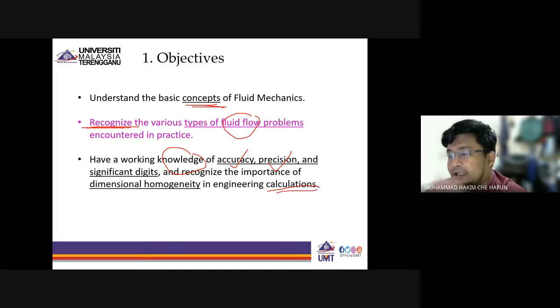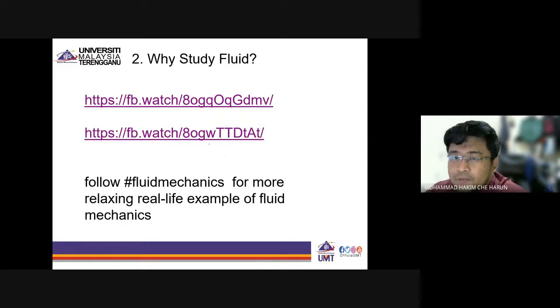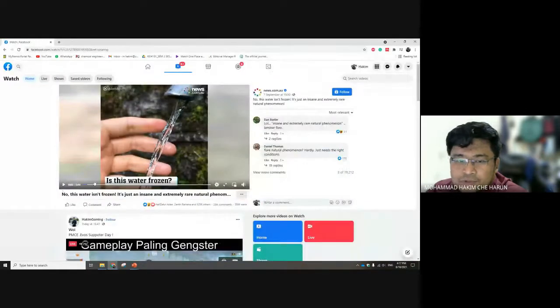That's why people who graduate with technical backgrounds, even if not in fluid mechanics, are wanted by companies such as banks, because you are very precise and very accurate in your calculations. Trust me. Okay, why do we study fluid? You can click here, on the first one and the third one. You can see I have it here. So this is a little bit of an introduction video.